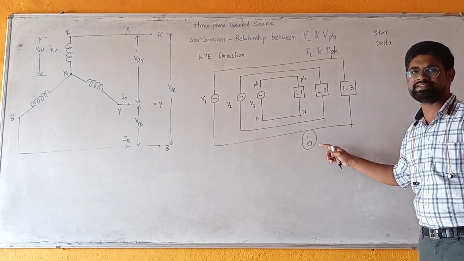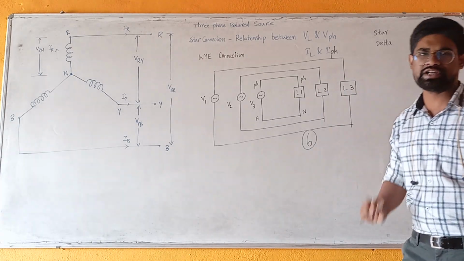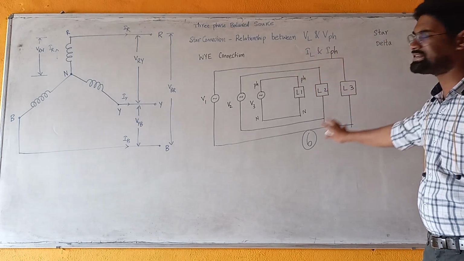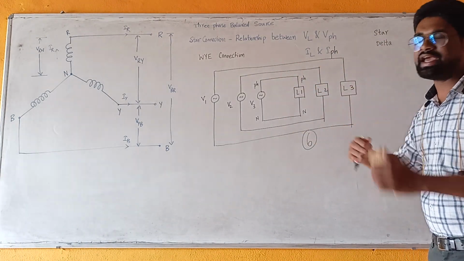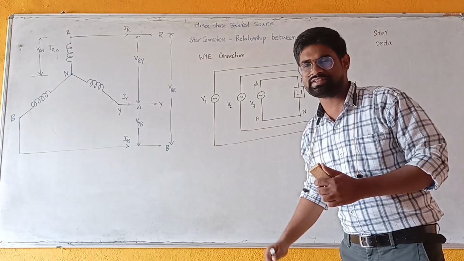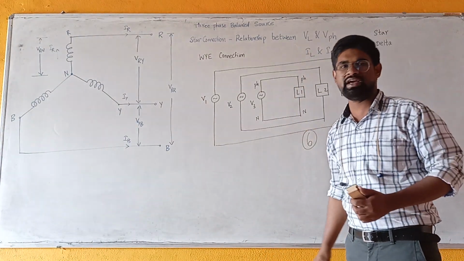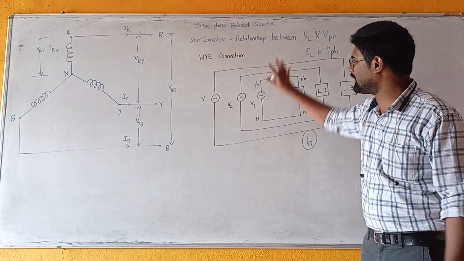Six wires is actually a very large number. It increases the complexity, increases the amount of copper used, which again increases the cost of the system, and it is not economical, and finally this is not feasible.